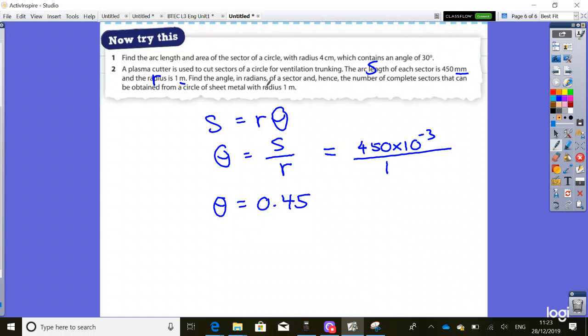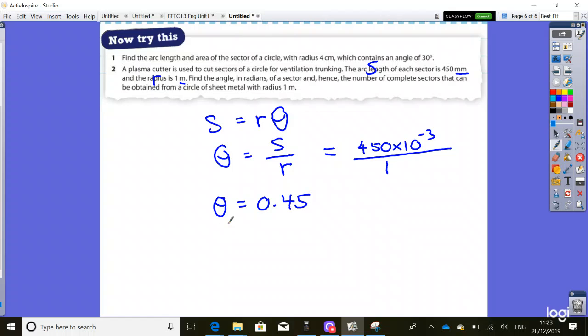So the number of complete sectors that can be made from a circle of sheet metal with radius 1 metre.